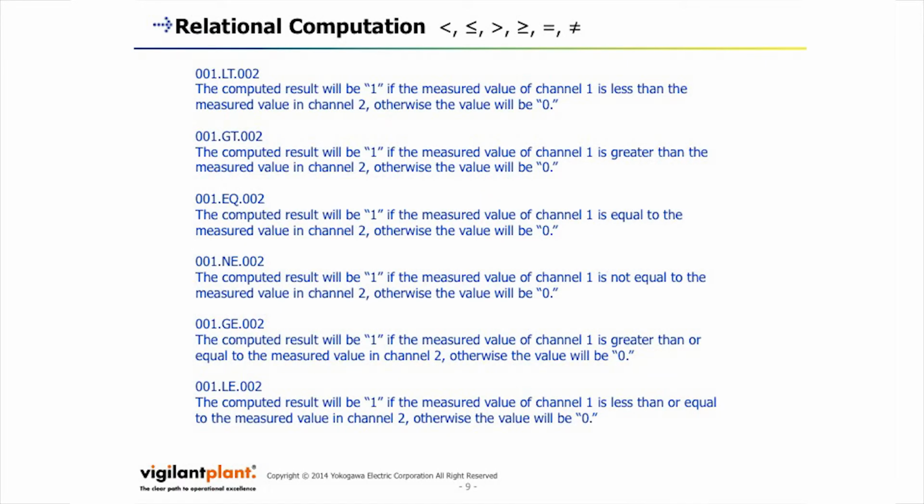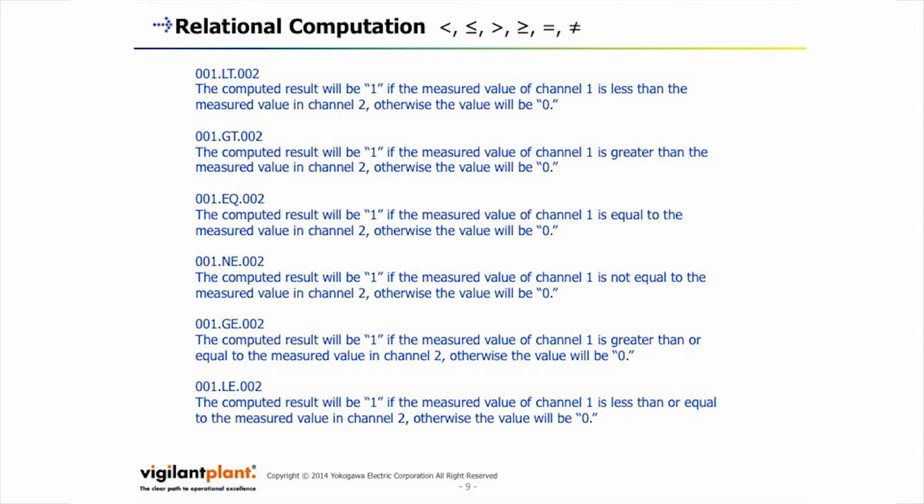The relationship computations, you'll see these are 001.lt.002. That's just channel number 1 less than channel number 2, and if that's true, you'll return a 1. If it's not, you'll get a 0, and those can be used in conjunction with some of the and features or features or if then else statements later on, where you can test or see if something is true to give you one result or the other.